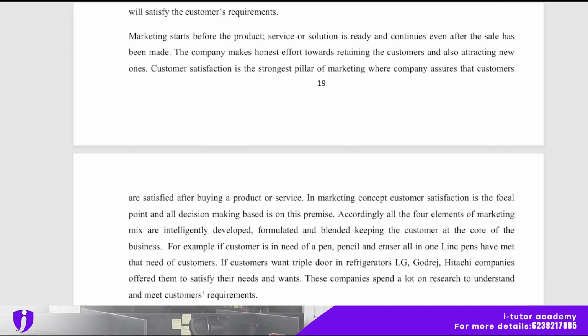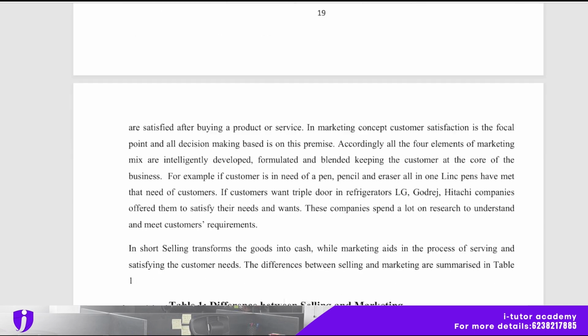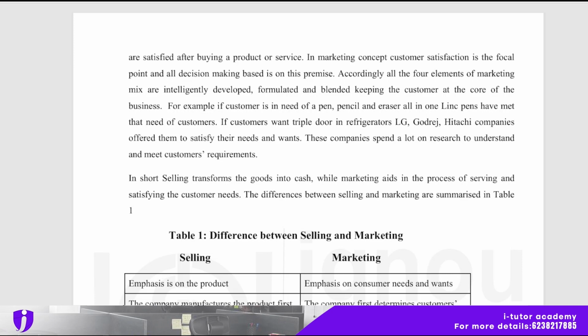The company makes honest effort towards retaining the customers and also attracting new ones. Customer satisfaction is a strong pillar of marketing, where the company ensures that customers are satisfied after buying a product or service. In the marketing concept, customer satisfaction is the focal point and all decision making is based on this premise.